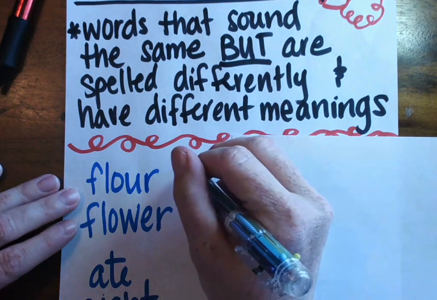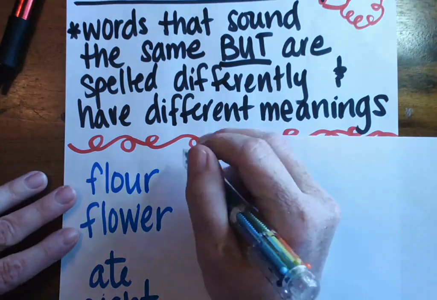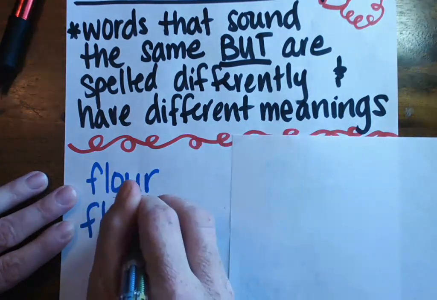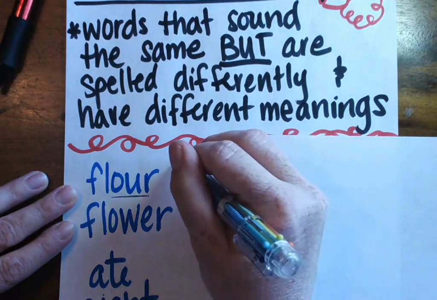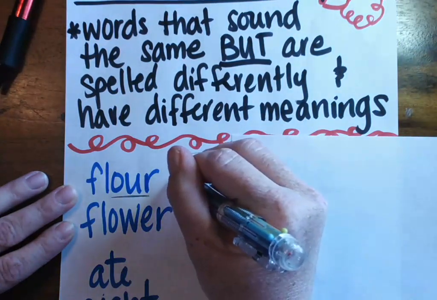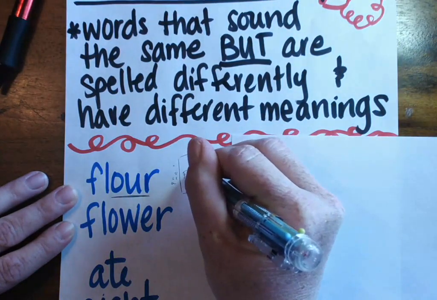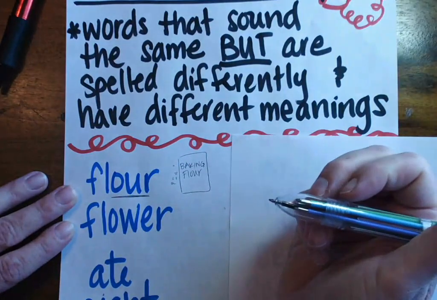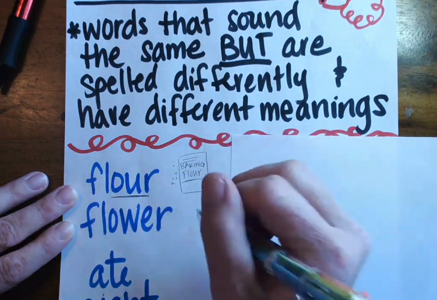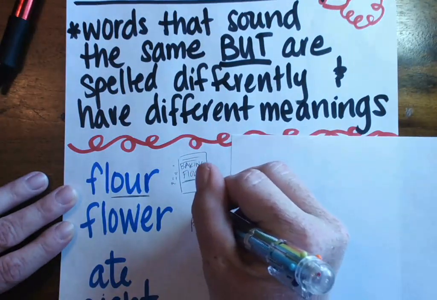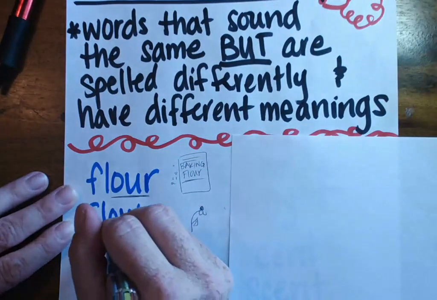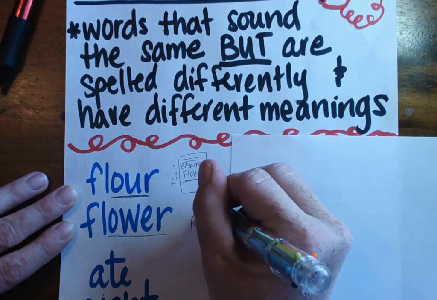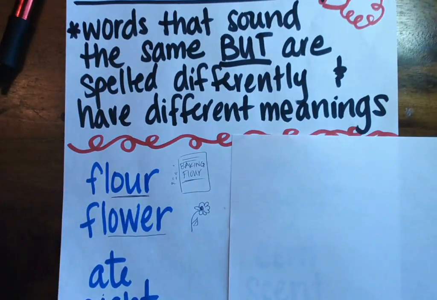Obviously, those sound exactly the same, but this flour with the O-U-R spelling pattern means the kind of flour that you bake with, that you would put in a recipe, like flour that you bake with in a box. This type of flower is the one we're probably most familiar with, and that's spelled with the O-W-E-R. And that's the type of flower that grows out of the ground.